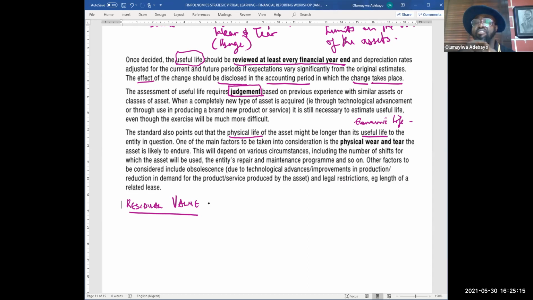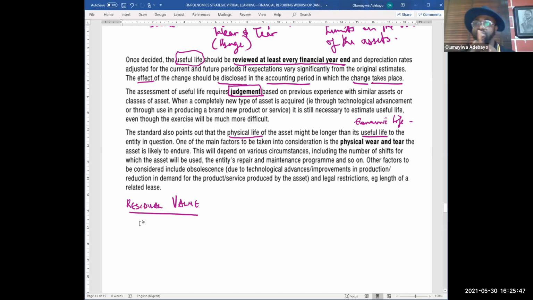Do you understand? If you have a sound management, it will not make sense using an asset just because the asset still exists, when at the end of the day you are incurring costs that outweigh the benefit of usage of such an asset, which means you are focusing much more on physical life rather than what? Economic life, which is the basis to which you depreciate an asset. Okay, that is that. Now let's look at residual value.